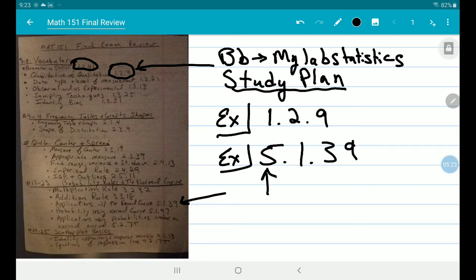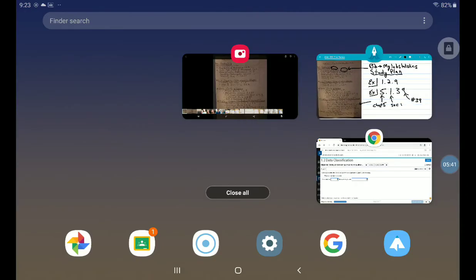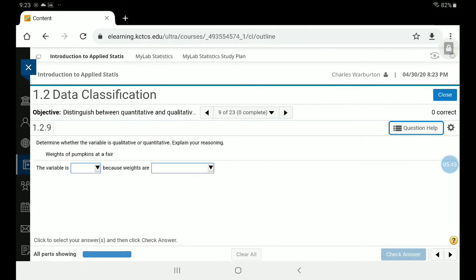That means in my study plan, I go to Chapter 5, Section 1, and then problem number 39. It'll be labeled 5.1.39. So if I want to practice up on that, then I can do it.